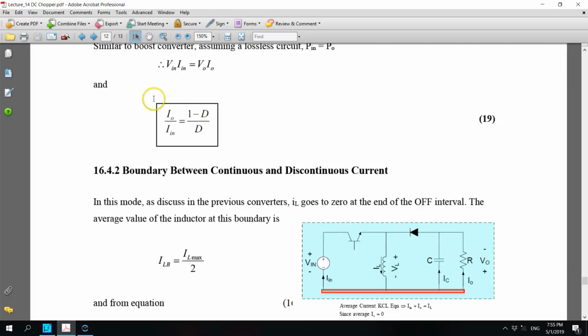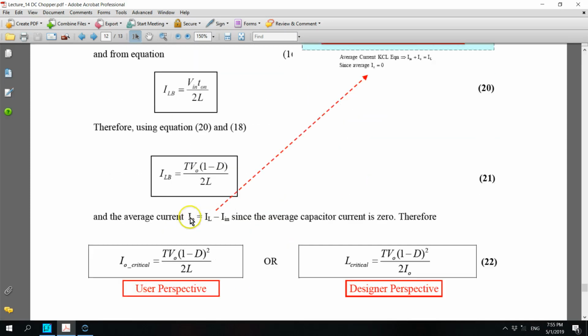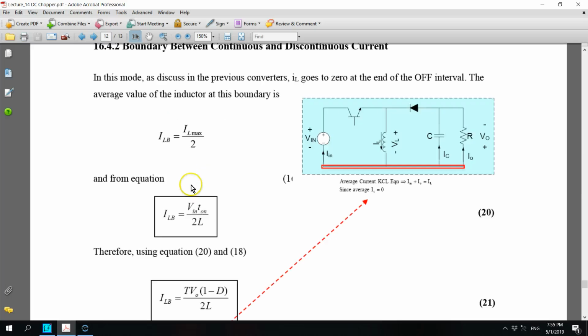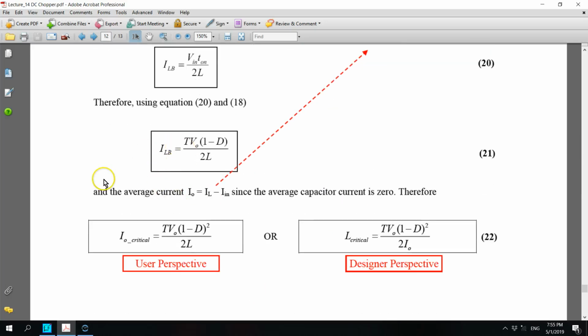Right? So this also needs to be used to solve for these equations. You have to replace equation number 19 in this equation to relate and get that critical equation. If you are a user, which means you buy the buck-boost converter from any shop, and that buck-boost converter already has this inductor size, then as a user you understand that the minimum critical current at the boundary can be determined by this equation.